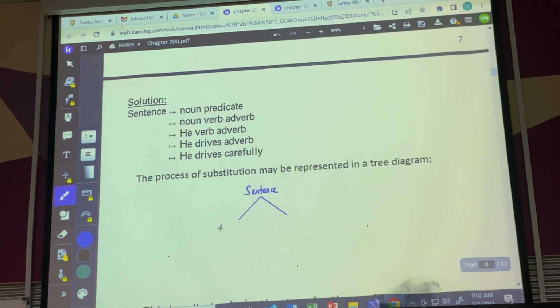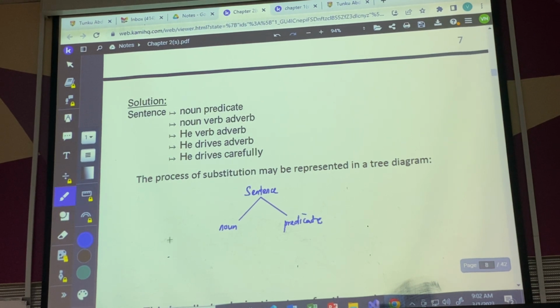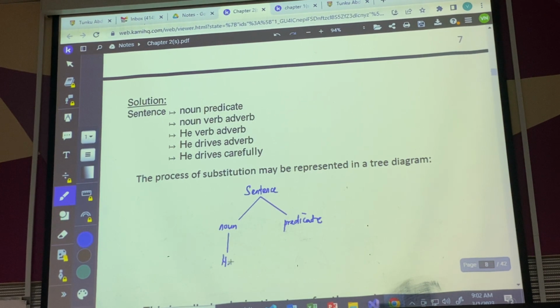So noun at the left, predicate at the right. Now we can replace with he if we follow this sentence, and the predicate will replace with, what are we going to replace with it?